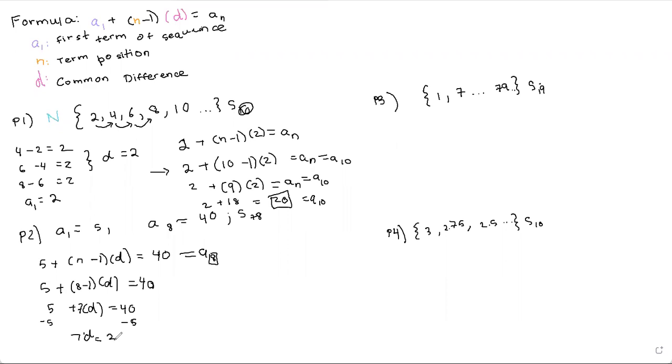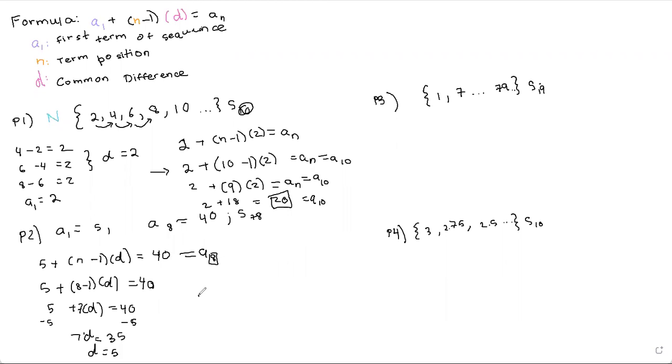Dividing 35 by 7, d is equal to 5. So we now know that our common difference is 5, and a1 is 5. Now we need to find the 78th term.